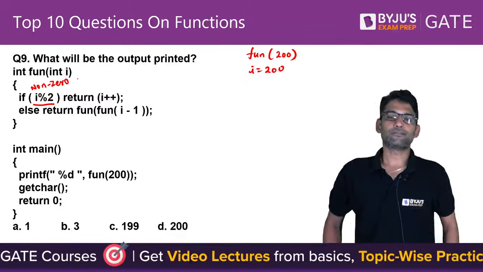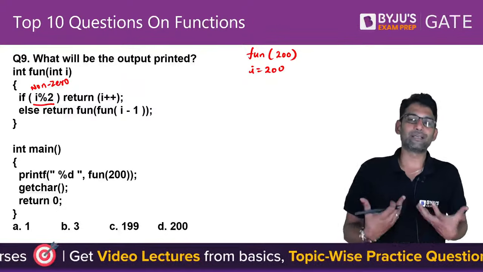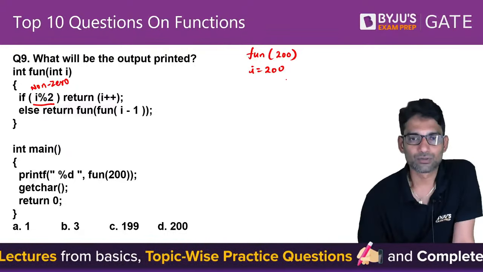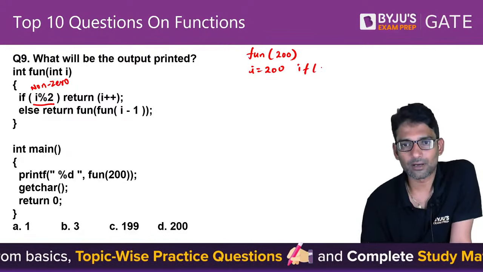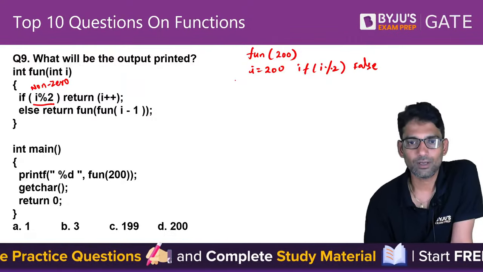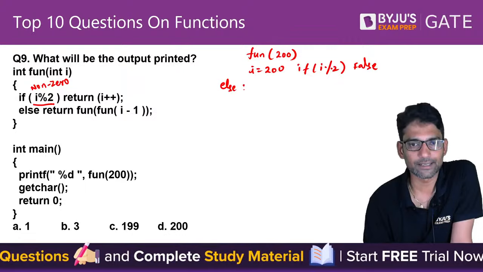For what, when you apply mod, does it give a non-zero value? For odd i value. So, if i mod 2 is false, hence else is getting executed.